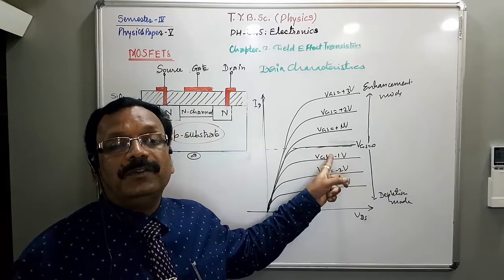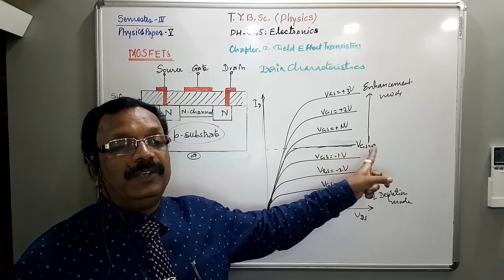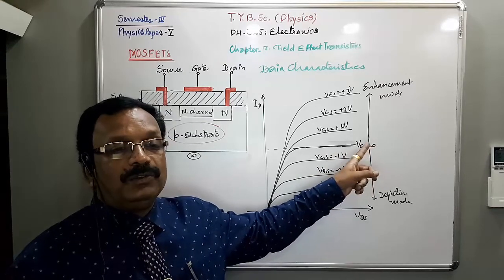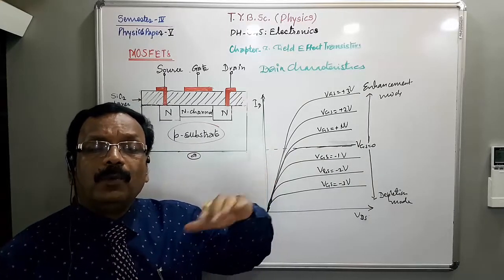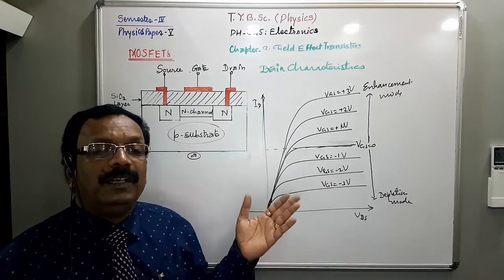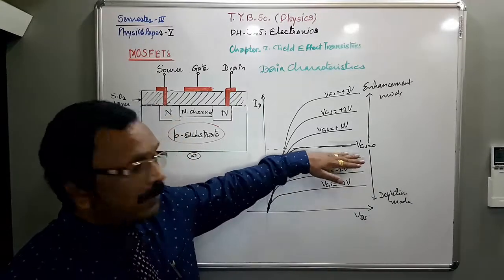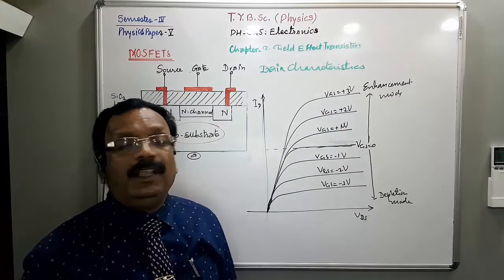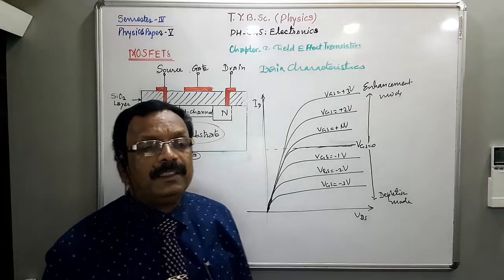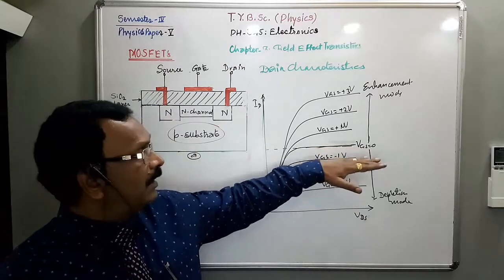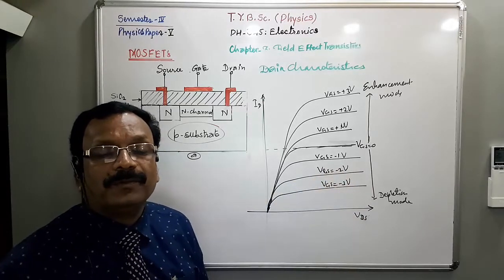This curve shows VGS equal to 0, and the curves are plotted for both negative and positive values of the gate to source voltage VGS. The curves above VGS equal to 0 have positive values, +1 volt, +2 volt, +3 volt, whereas the curves below have negative values, that is -1 volt, -2 volt, -3 volt.